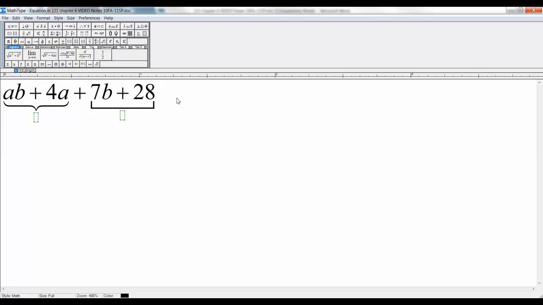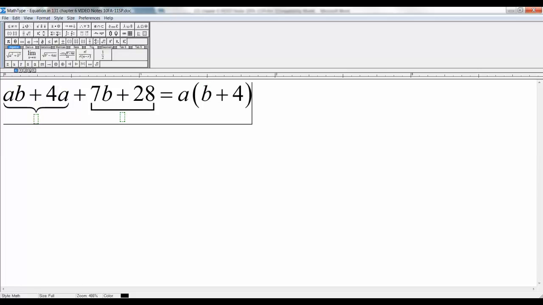All right, so then let's just look at the first 2 with that curly braces thing. What could come out of there? Well, they both have an a. So you could say, okay, a times b plus 4, that's the first one. That's the curly braces one. Now put a big plus there.